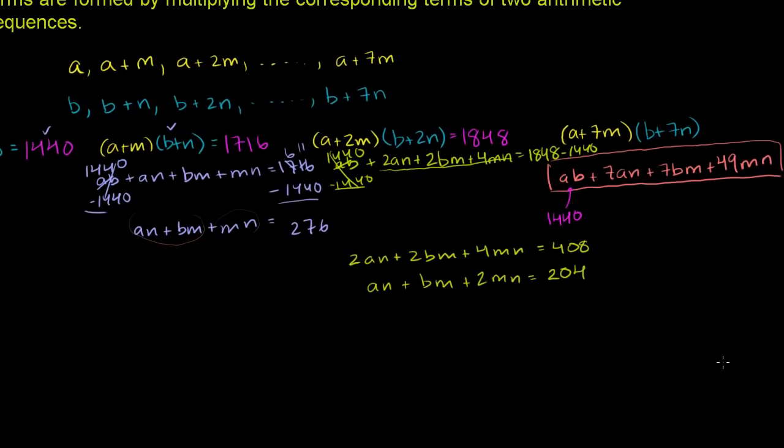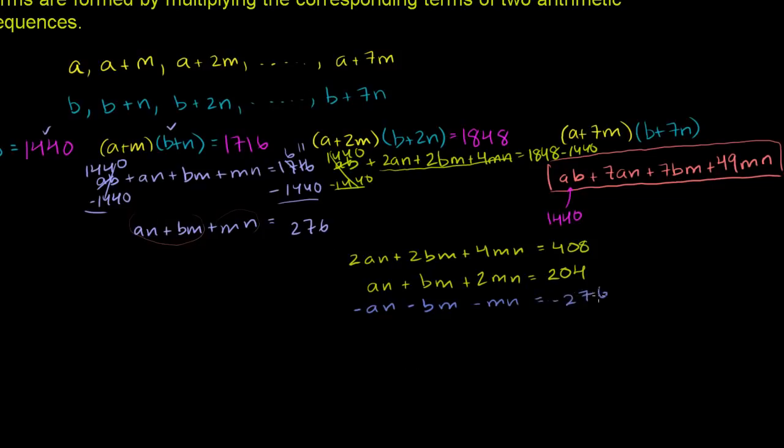Let's solve for mn. To solve for mn, let's subtract this equation from this equation. So let me do it in that same color. So I'm going to subtract this from this equation, so multiply it by negative 1. We have negative an minus bm minus mn is equal to negative 276.